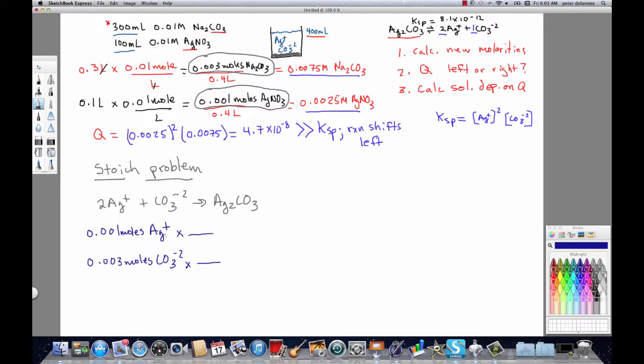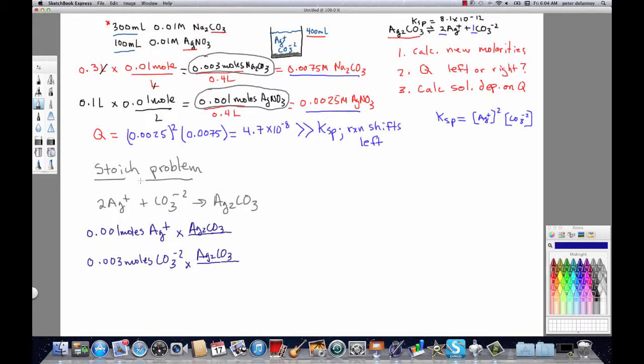What we're going to do is figure out if, for example, all we had was the silver, how much silver carbonate would form. And if all we had was the carbonate, how much silver carbonate would form. We're going to compare the two values, and whichever one is the smaller value, that came from the limiting reactant. So we're solving for the silver carbonate in both cases, so I'll write that in on top of my fraction here.